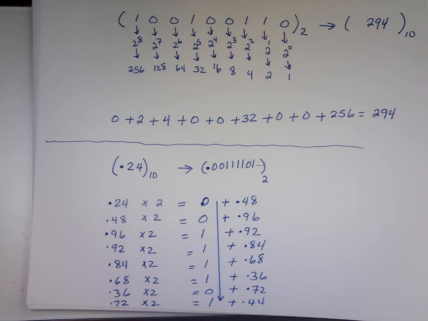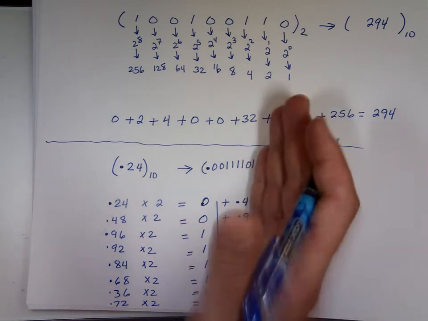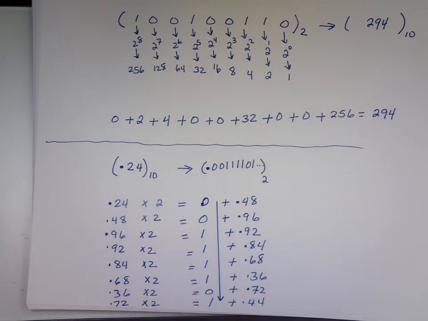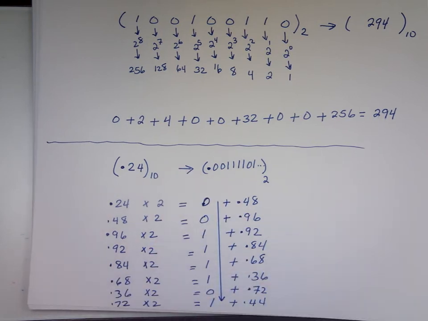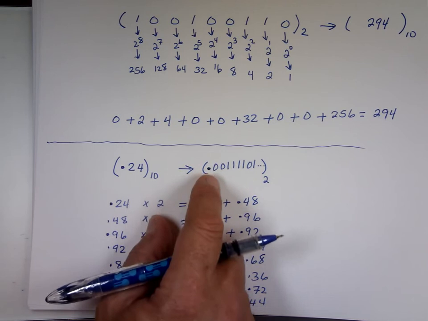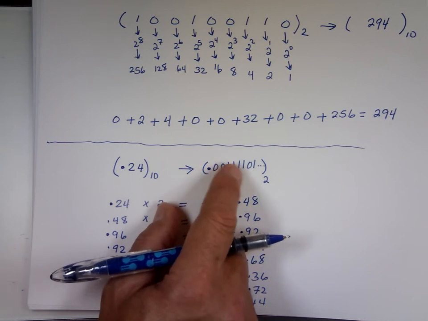Unless they say to you, your machine is an 8-bit machine. If it's an 8-bit machine, what does that mean? You're only going to see the first 8 bits. If it's a 16-bit machine, you're going to see 16 digits there. So if it's an 8-bit machine, 1, 2, 3, 4, 5, 6, 7, 8. That's all you're going to see.